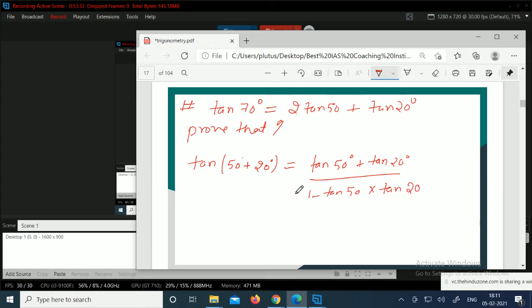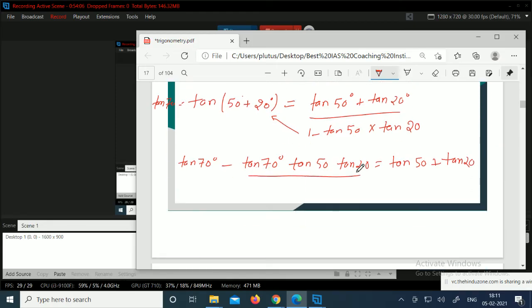So if I multiply this into this, it is equal to sin 70. So the whole equation is sin 70 into 1 minus sin 70, sin 50, sin 20 is equal to sin 50 plus sin 20, isn't it? Can we simplify this expression?